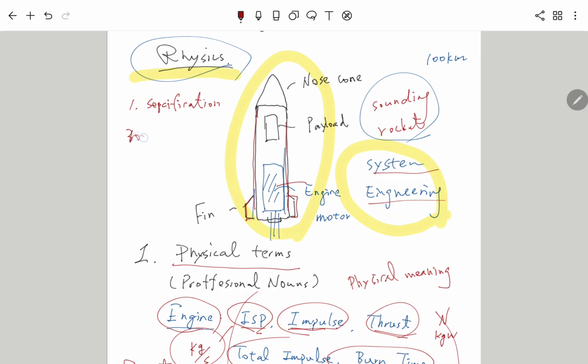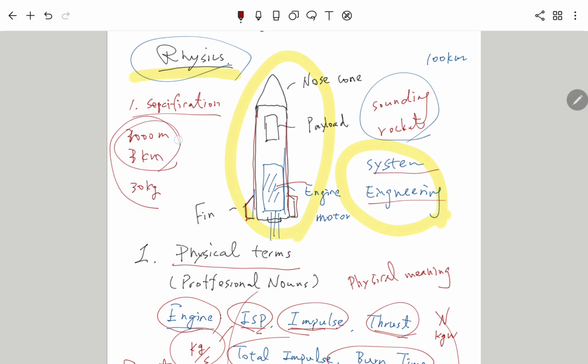Take as a sample 3,000 meters or 3 kilometers. Okay, this is my specification, and the total weight of the rocket cannot be over 30 kilograms. For example, this is the requirement that I have to make.